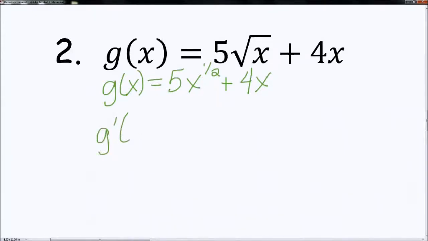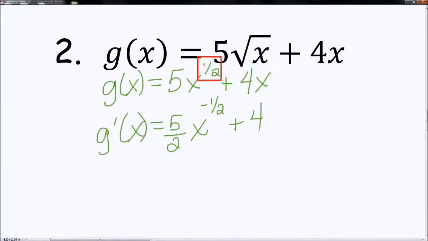Now that I have everything in power form, I have an exponent instead of a square root, I can go ahead and take my derivative. So I'm going to do 5 times a half, which is 5/2 x, and then do 1/2 minus 1, which is negative 1/2, plus, and then I have 4x, so what's the slope of 4x? That would be 4.